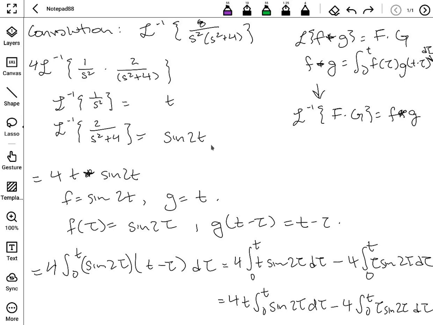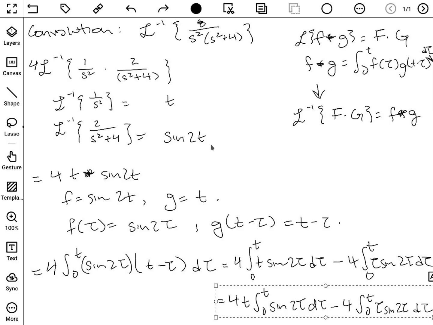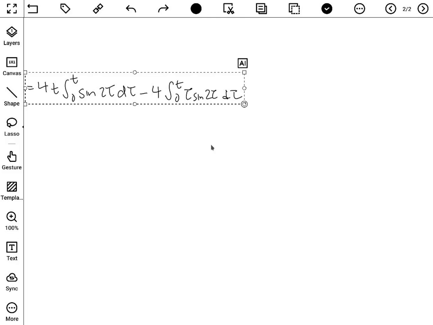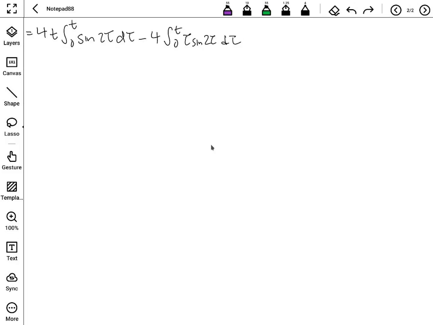And I'd like to copy this all over to the next page to start evaluating my integrals. Okay, there it is. And my first integral is easy. It's just the integral of sine.